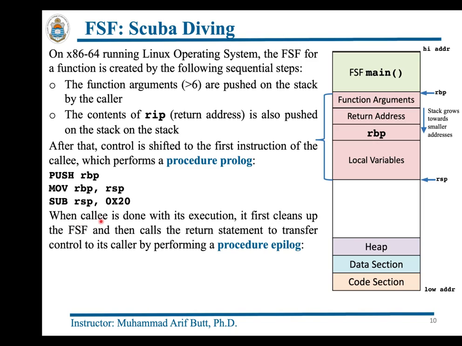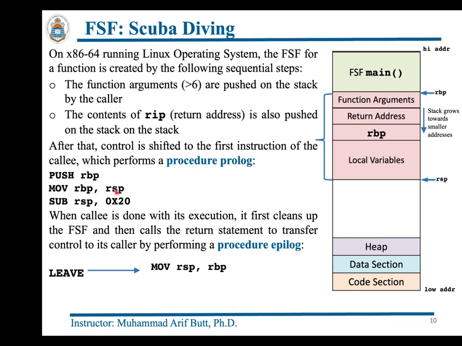Well, dear students, when the callee is done with its execution, it first cleans up the function stack frame and then calls the return statement to transfer the control to its caller. This piece of code is called a procedure epilog. The first instruction that we will come across is the leave instruction, which will do a reverse of this.